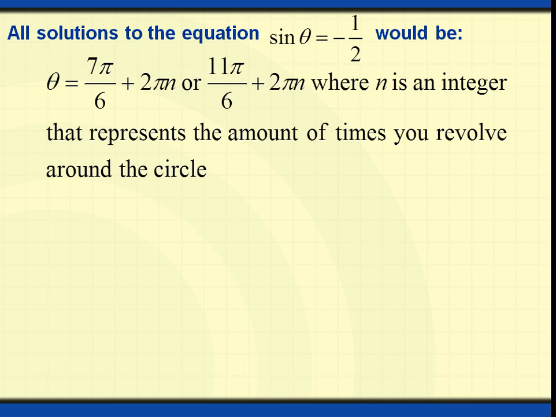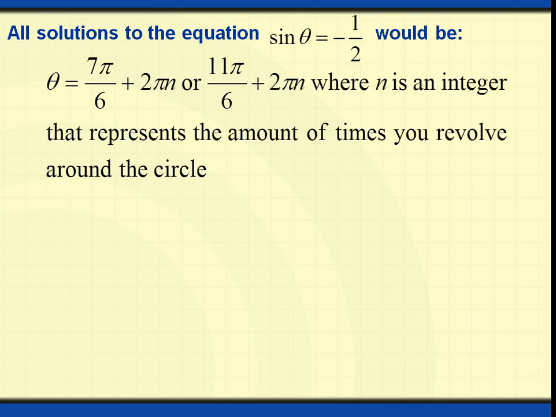Well, when I did another whole turn to get me back at 7 pi over 6 as a principal angle. So to each of my answers, if I would like all the solutions, I need to add 2 pi n. In this case, the n represents any integer. It can be negative, positive, or 0. 0 would just tell you that you're not doing an extra turn around your circle. You're just doing one complete turn, and that would be all.